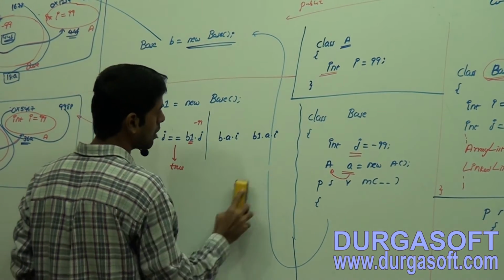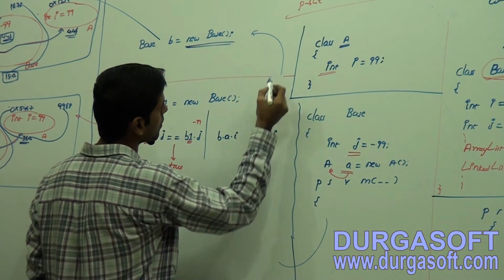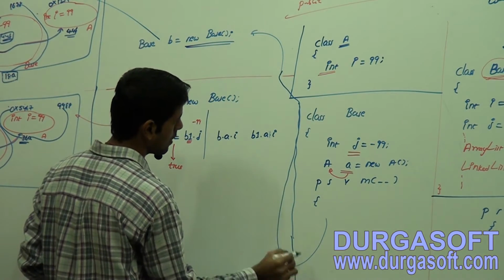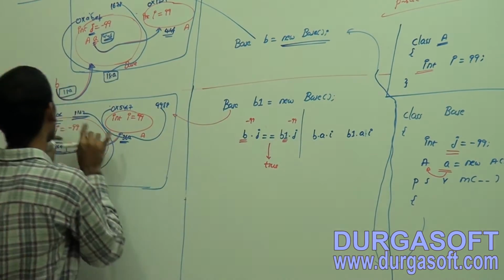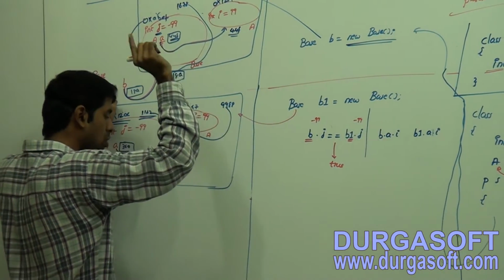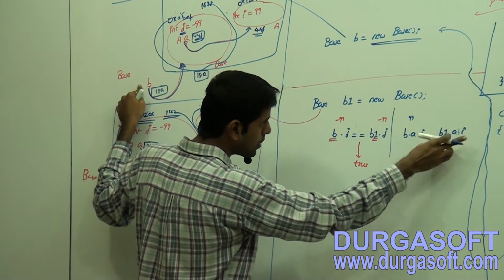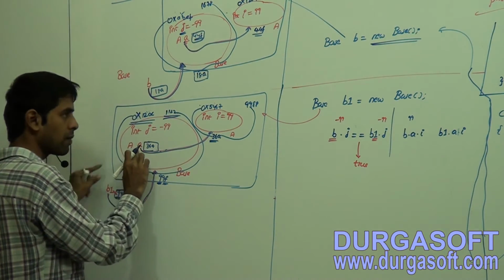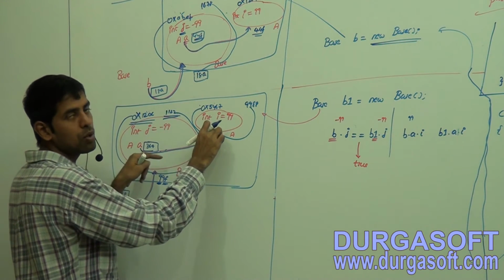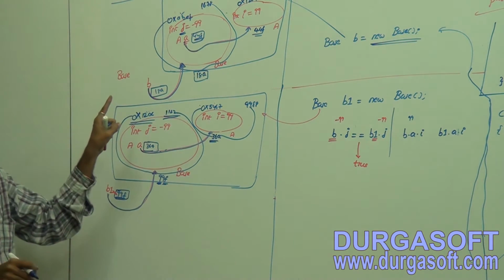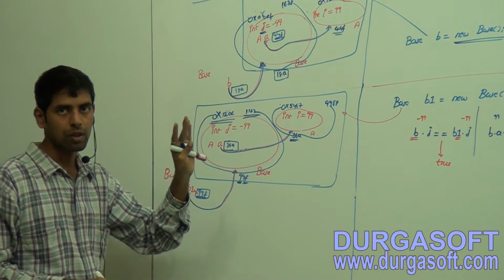Now observe this part carefully. b dot a dot i refers to which value? 99. And b1 dot a1 dot i refers to this value. To write this code, you should keep the memory representation in front of your eyes.